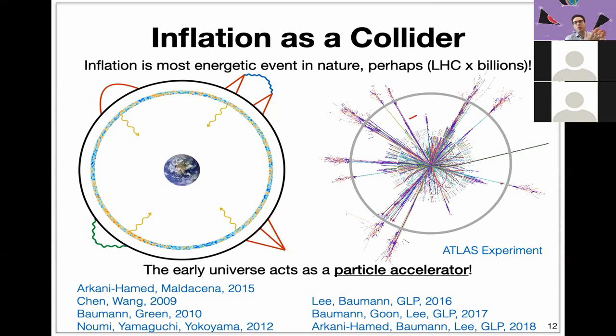To contrast the story with what happens in a collider, here's a collider experiment, a snapshot of a collision at ATLAS at the LHC. There's some interesting microphysics that happens at the center of the collision. And then there are all of these detectors that collect debris that leaves the collider. We need to infer what's the microphysics responsible for this pattern that we see in the detectors. In the case of cosmology and figuring out what happened during inflation, it's the inside-out version of this picture.